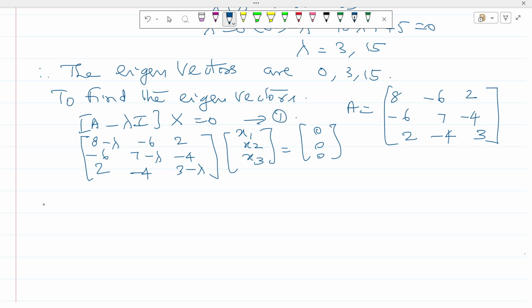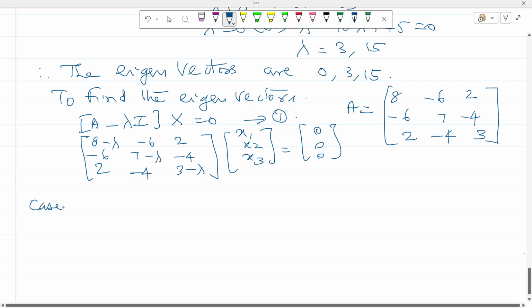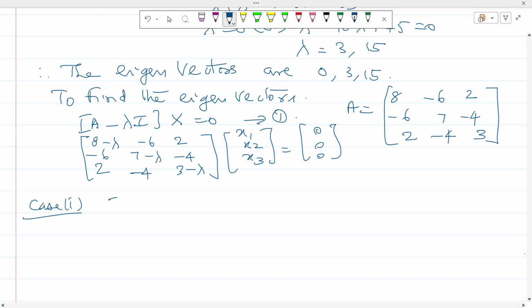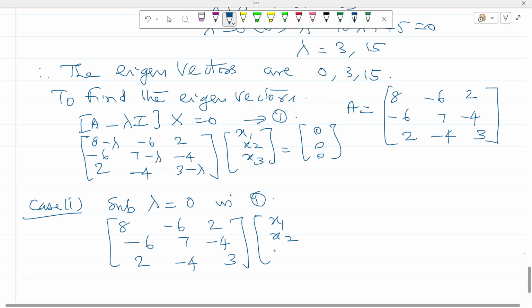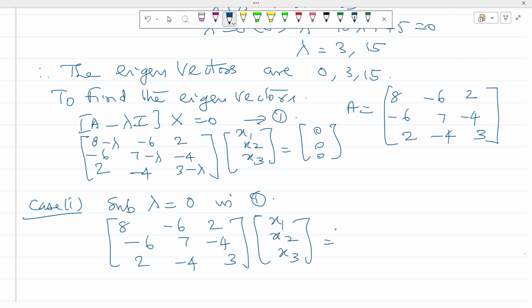Case 1: substituting λ = 0 in equation number 1, we get 8 -6 2, -6 7 -4, 2 -4 3, and x1 x2 x3 equal to 0.